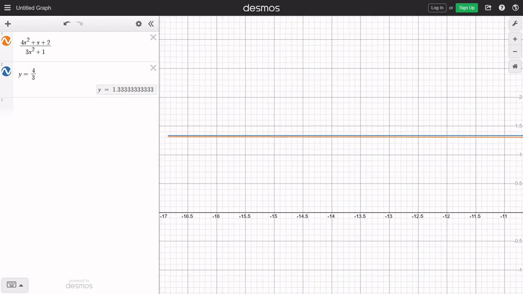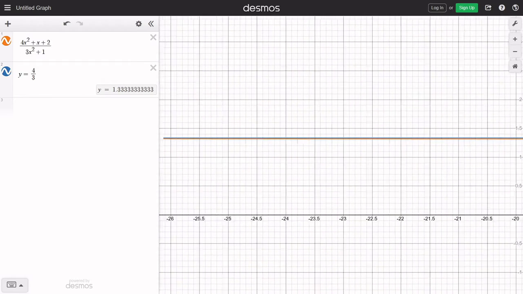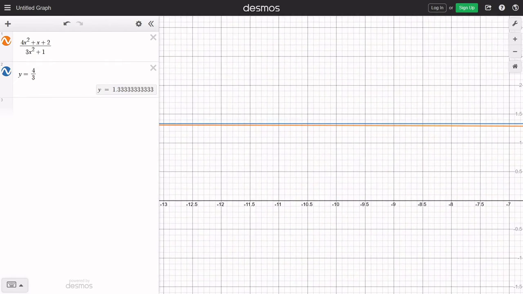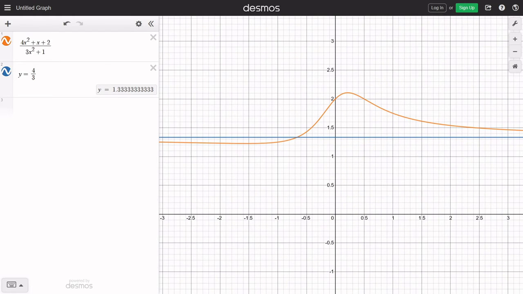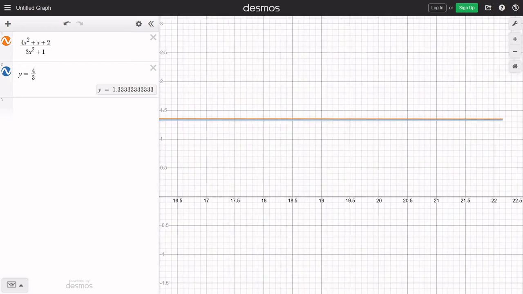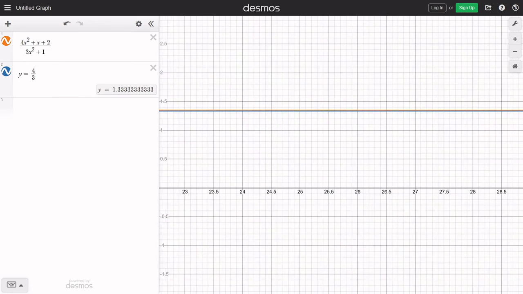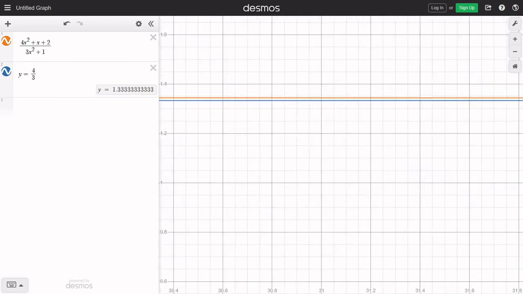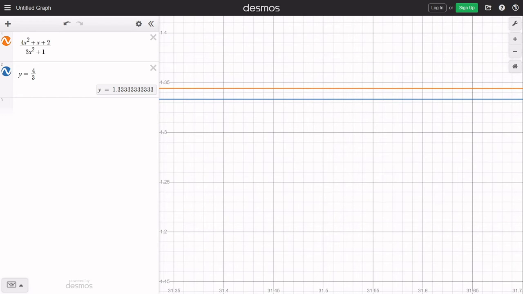If I go to the left, it gets closer and closer to the blue line, but never crosses it. It does cross here, but that's because it's in the central area. As you go out to positive and negative infinity, it will never recross the asymptote. It may look like it, but if you zoom in enough, there's always a space there.